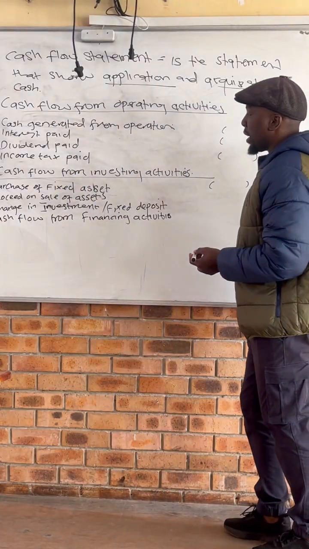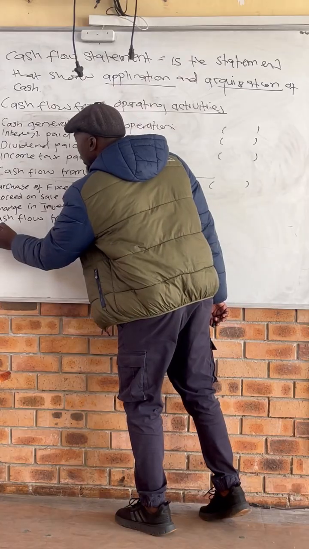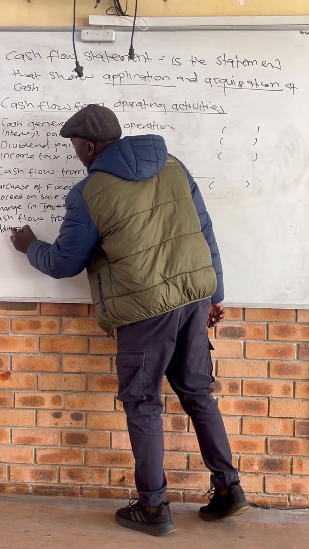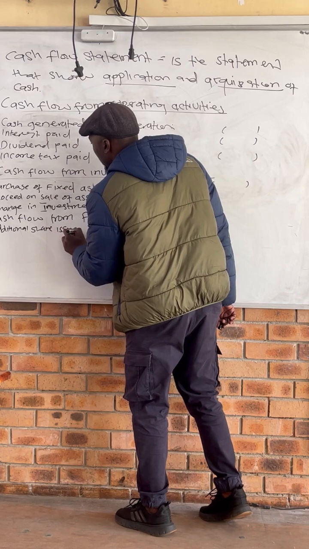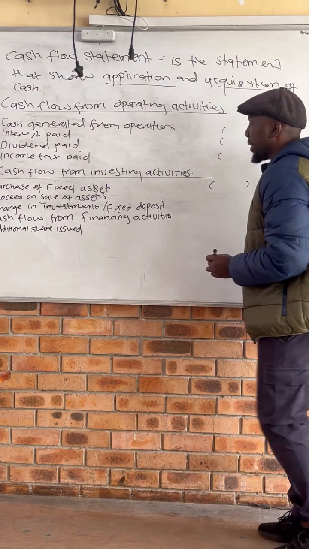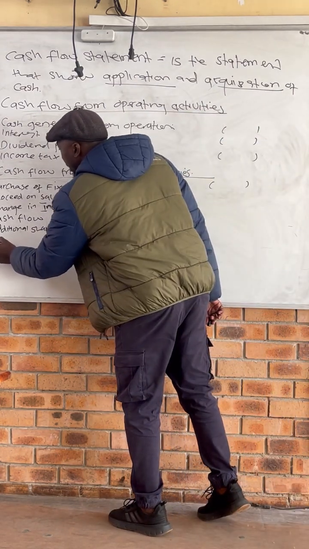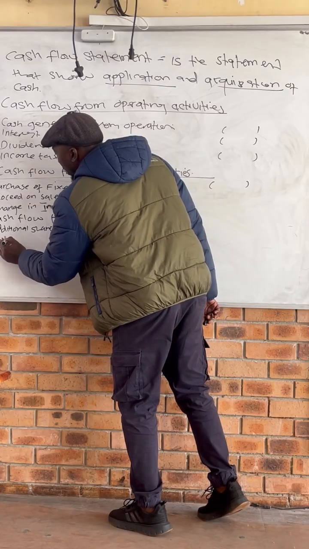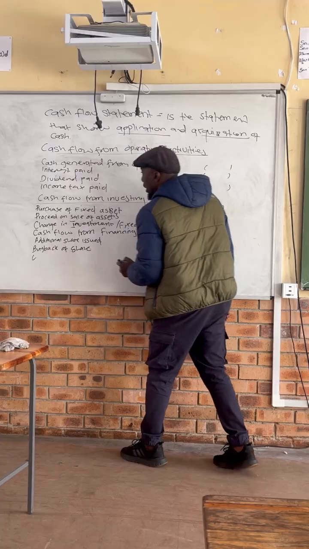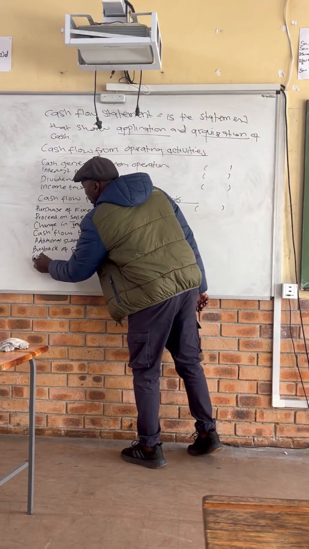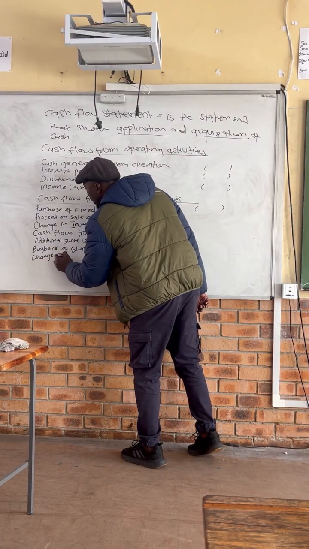The A stands for what? Additional shares issued. And then the B, you are given what? Buying or buyback of shares. And then the C, it will be your changes in loan.